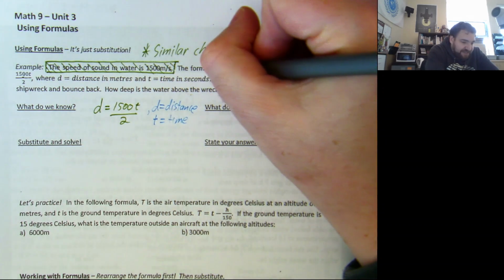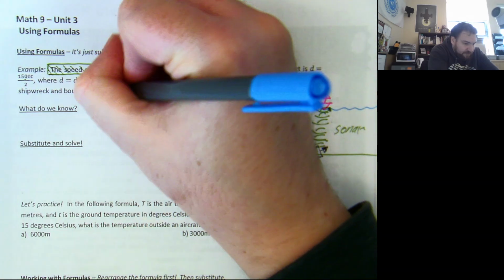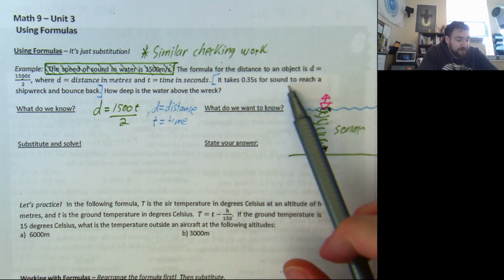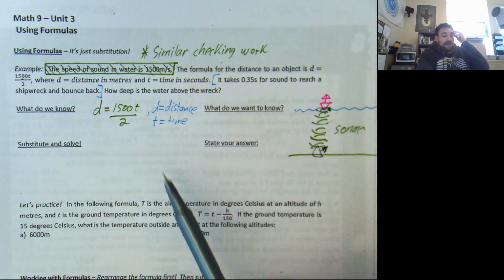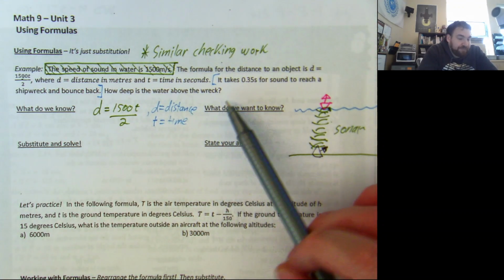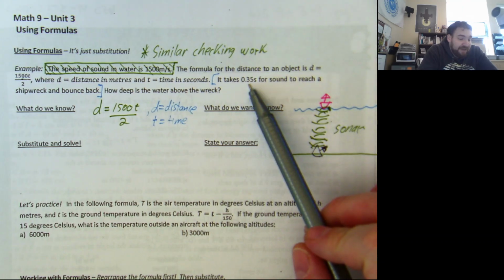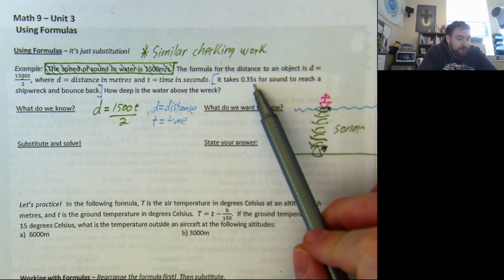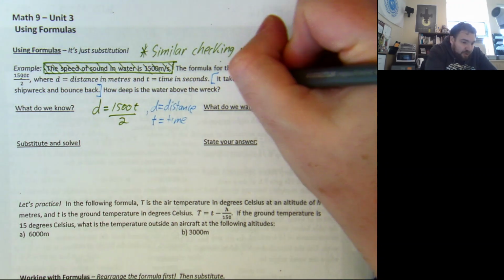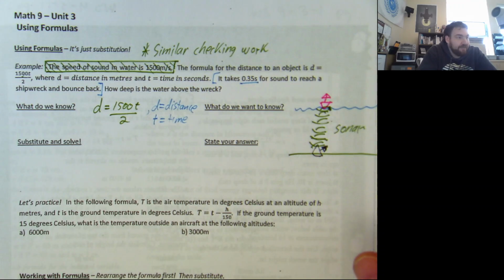Because now here in the second last sentence, this word problem says it takes 0.35 seconds for sound to reach a shipwreck and bounce back. How deep is the water above the shipwreck? Well, if this 0.35 is measured in seconds, this number represents what? Time. So what am I going to do with that value right there?